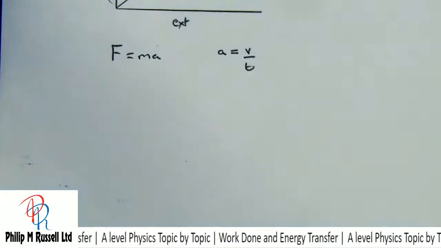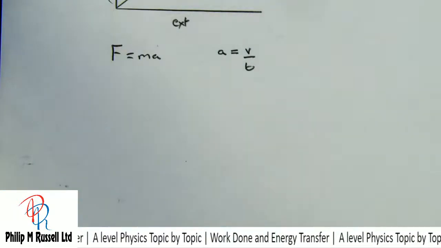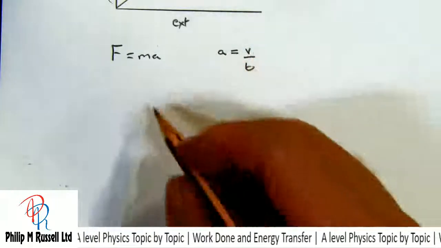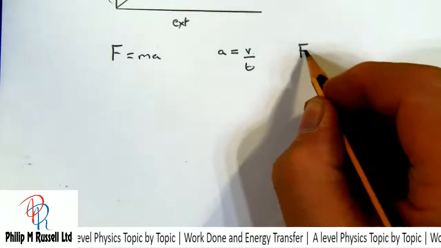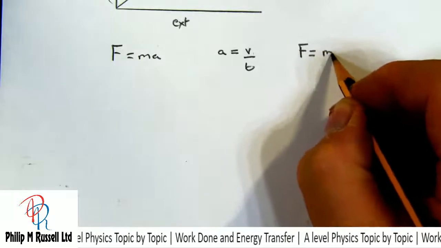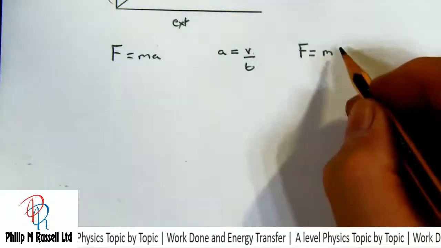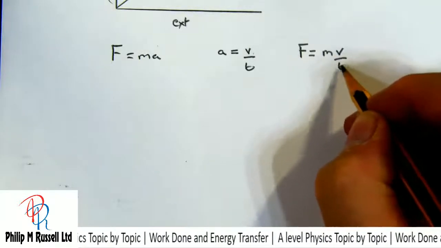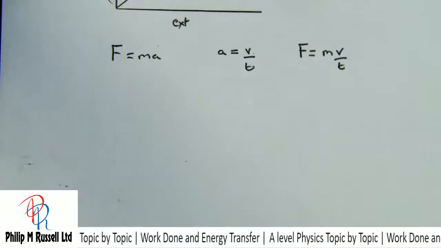If my velocity was 0 here, it's just going to be that. So if I now know what a is, I can say that my force is going to be my mass times the velocity divided by the time.